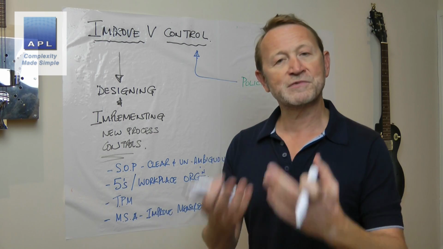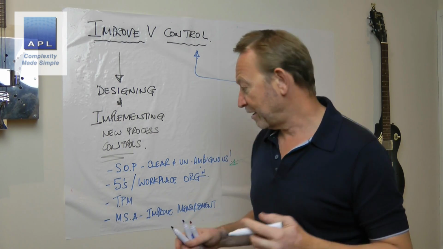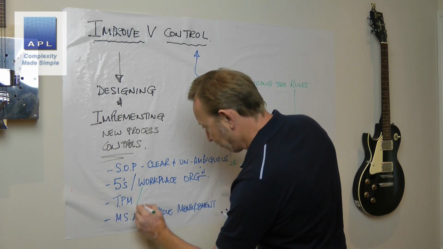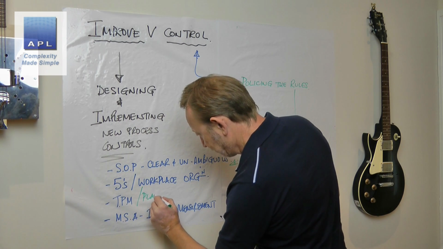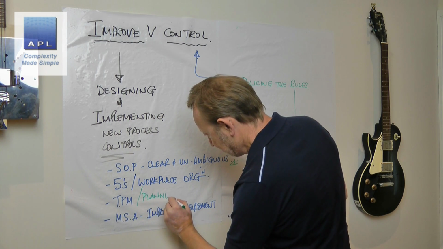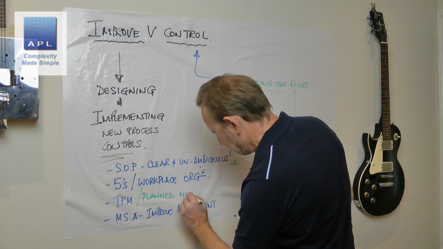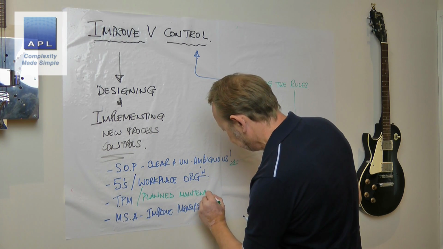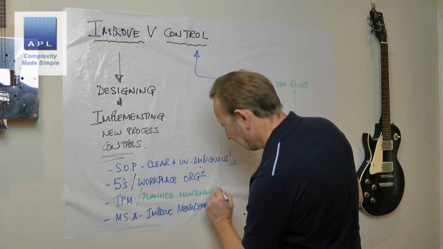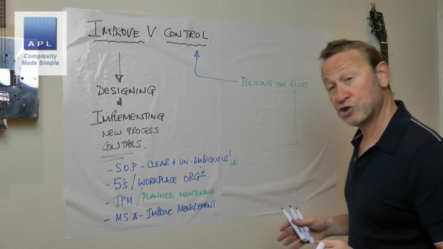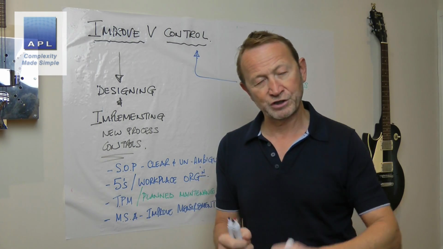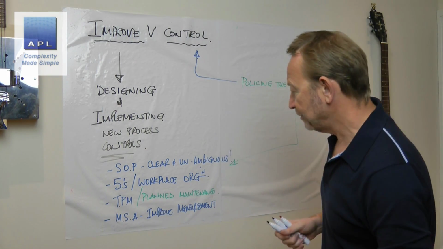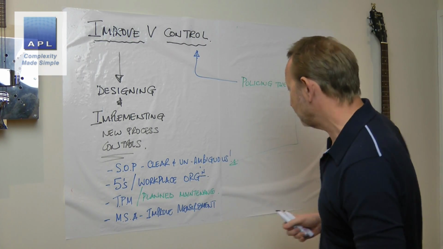You've come up with some TPM routines. This could also be, by the way, doesn't have to be TPM, this could be better planned maintenance, for example. Yeah, so keeping the condition of your machinery in good condition and keeping it nice and stable and consistent.